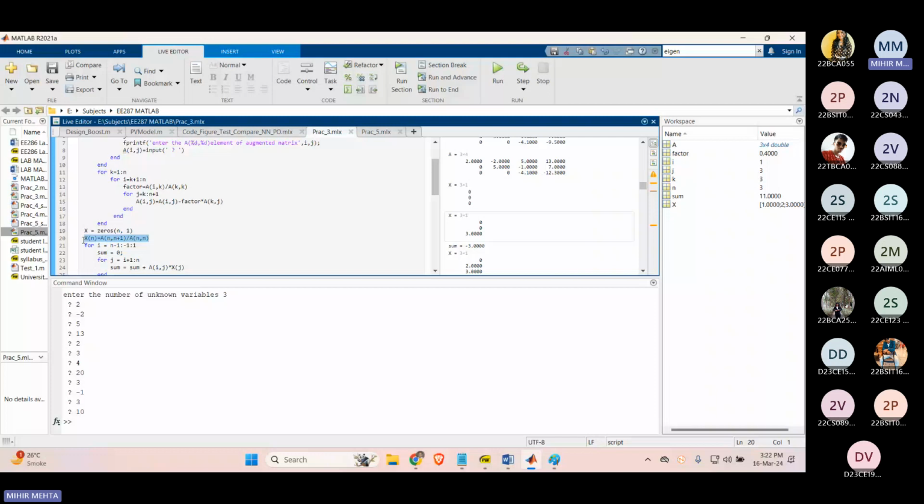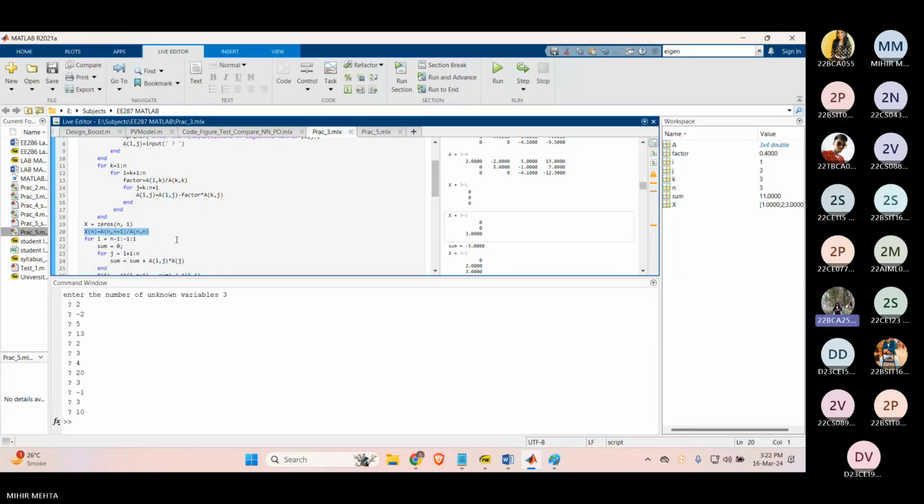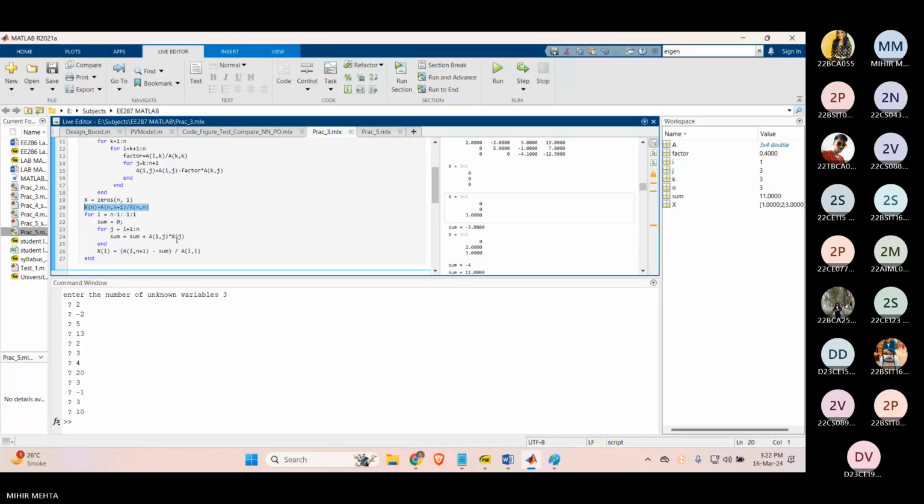Now once this is done, I am going for another sum. Why I am doing this is because I want to move to the upper part as well. For the upper row, I need to substitute the value that I've got into this and then take it on the right hand side to get the value of x2.